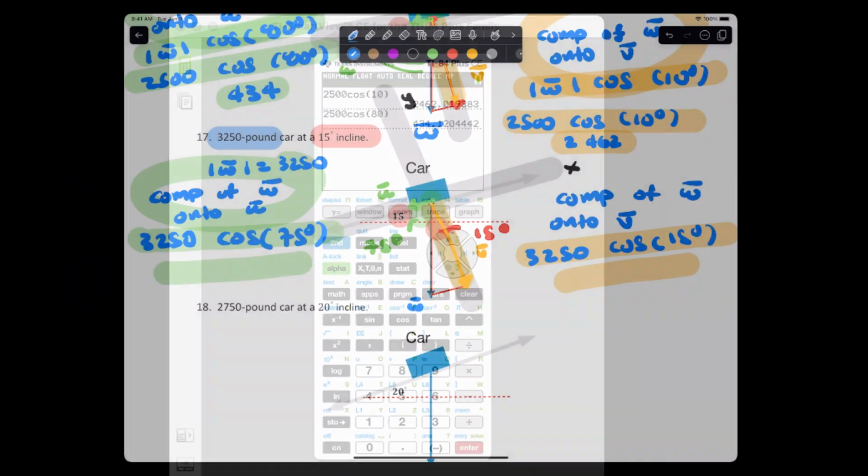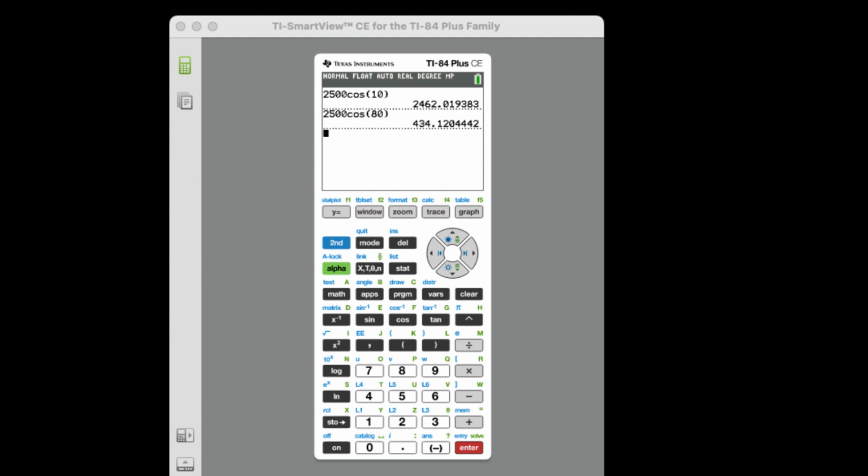Okay. 3,250 cosine 75 and 3,250 cosine, I believe it's 15, right?